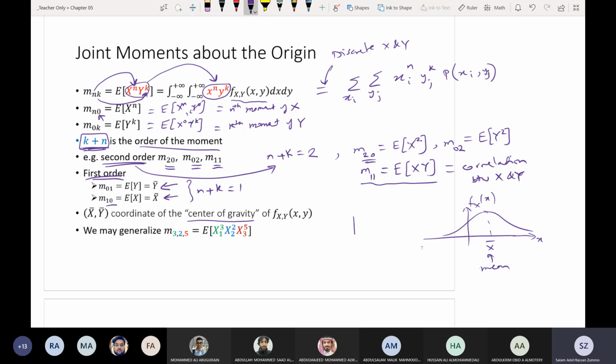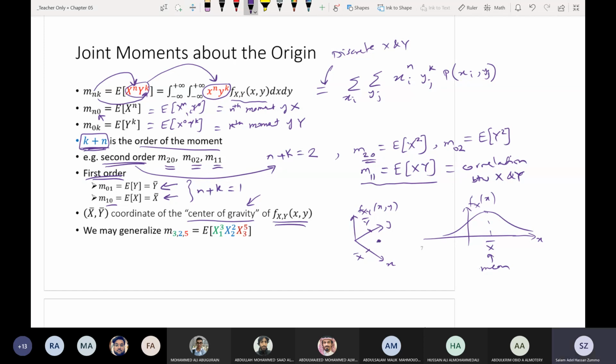Now, if I have two random variables x, y, and the PDF, then x bar, y bar will look like the center of gravity, where most of the PDF is focused. The center of mass of the joint PDF. Think about it that way. If xy is like a body, then the point x bar, y bar will look like the center of mass.